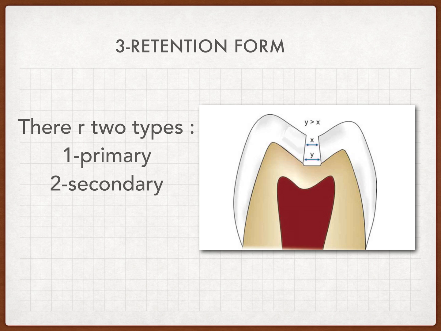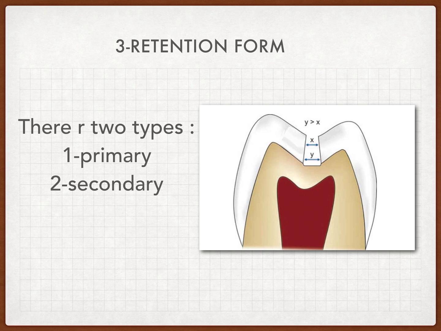Before everything, you should always know that the most primary retention form for an amalgam restoration is to do a 6-degree inclination in the buccal and lingual surfaces of the preparation only, not the mesial and distal surfaces, so that they will retain the amalgam restoration.